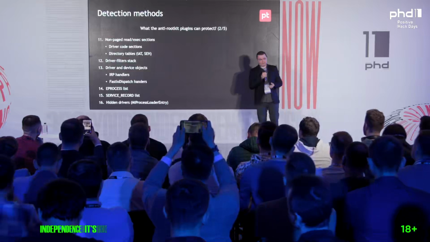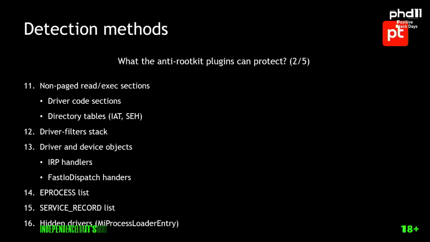So item 11 is about the pages, or rather, sections of drivers, which are marked as executable, but not pageable. They cannot be swapped into the page file if you're out of memory. So these sections are now protected, which means that the technique I previously discussed will not be able to write a segment of code into it.